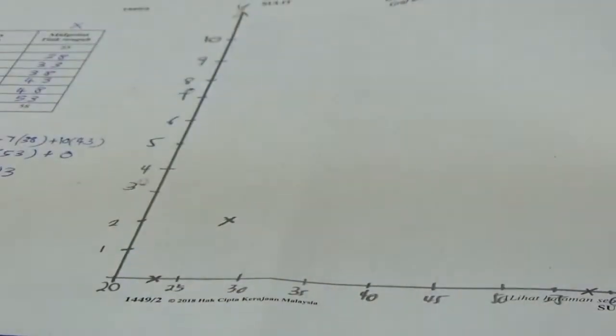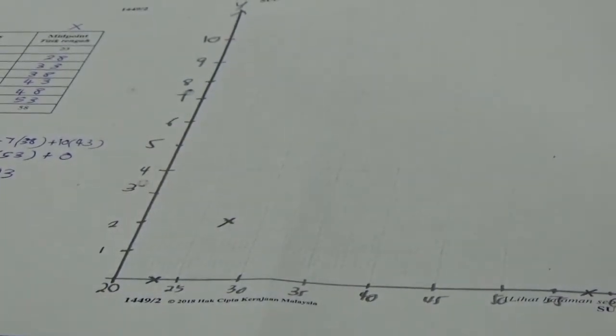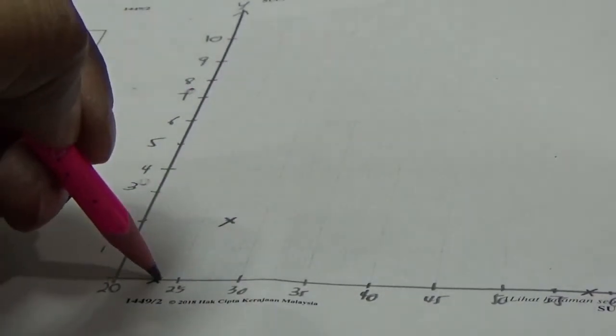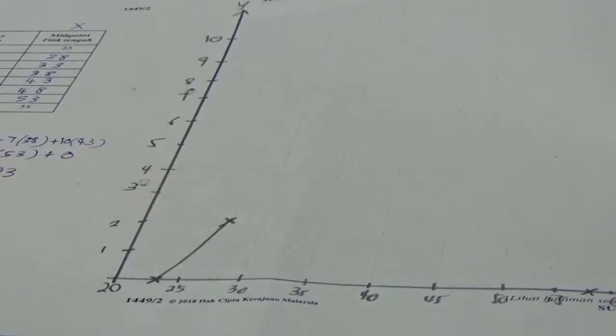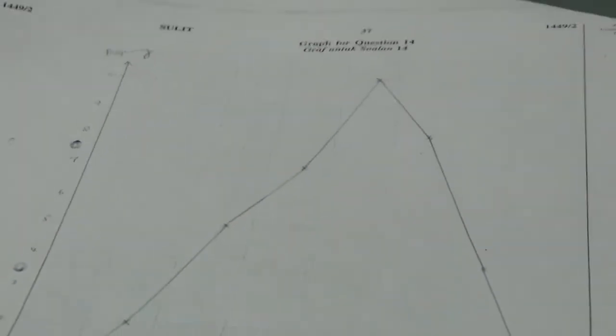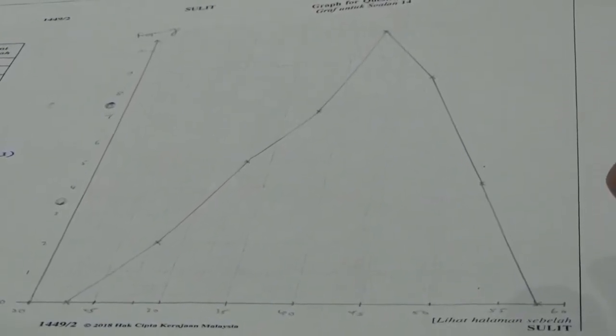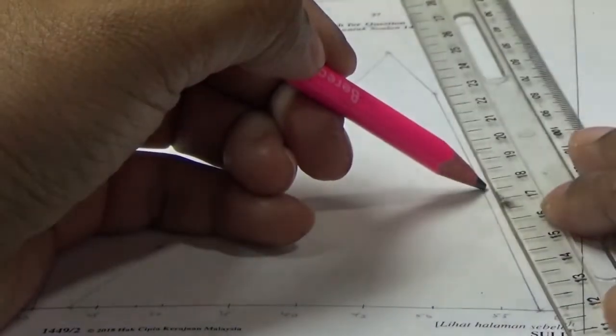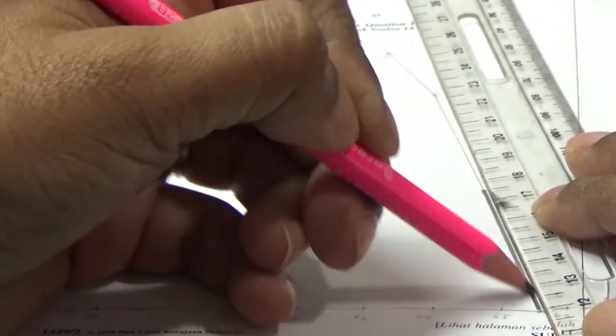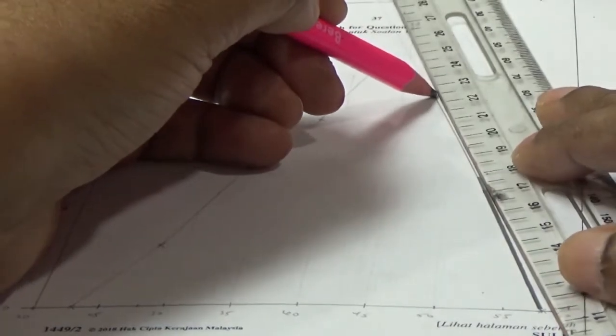Once you have all your points, take a ruler and join all of them accordingly, and that is your frequency polygon, and you'll get a diagram looking something like this. Make sure you use your ruler and join all the points that you have found accordingly.